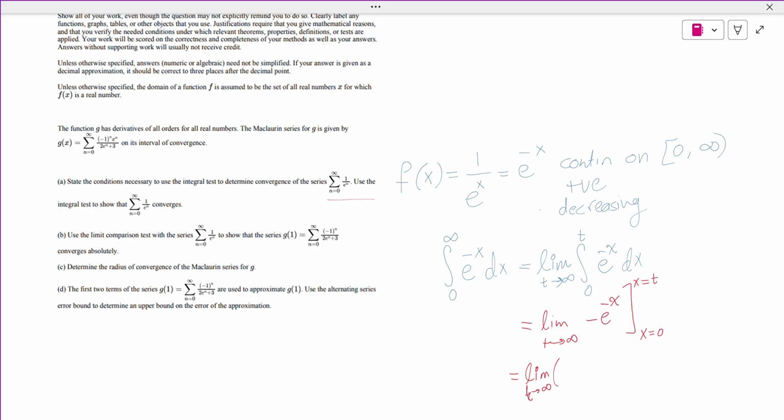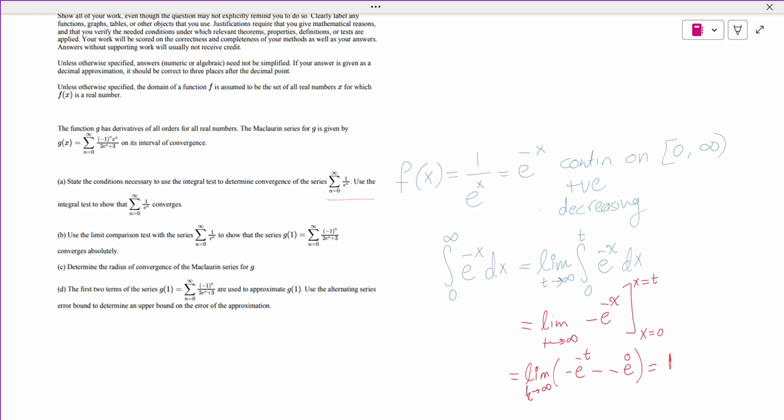So this is going to be minus e to the power of minus t, minus, minus e to the power of 0, and this is going to be 1. How much is e to the power of minus infinity? 0. Excellent. 0 plus e to the power of 0 will be 1.